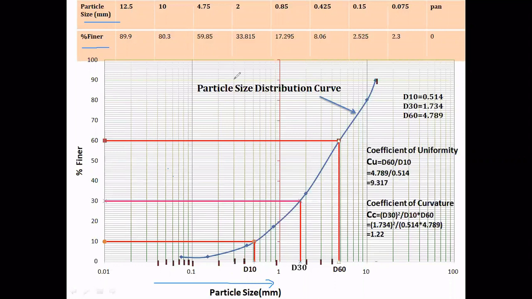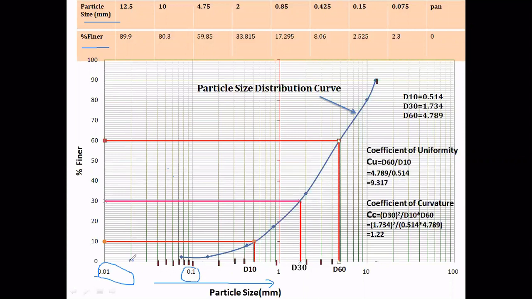Okay. Then the origin for the x-axis starts with 0.01 since we are using this logarithmic scale. So your first point is 0.01. Then your next point is 0.1. So how are we going to find this 0.1?